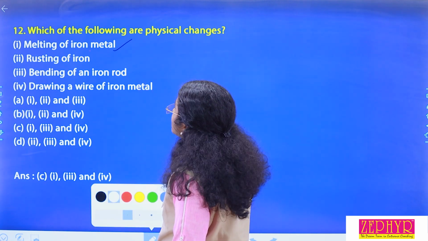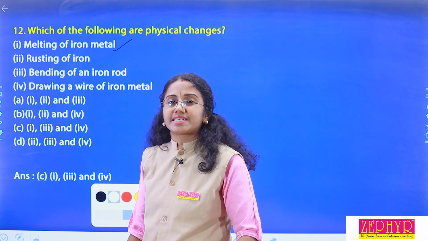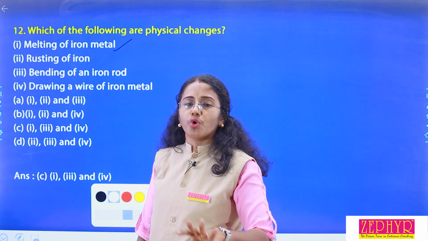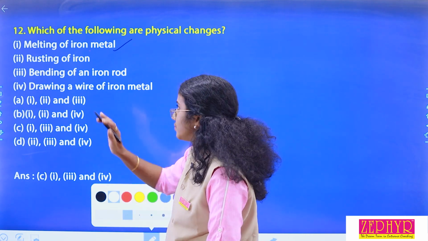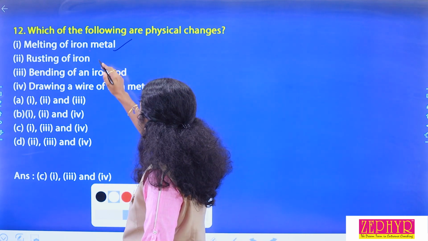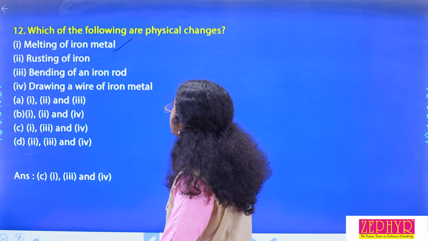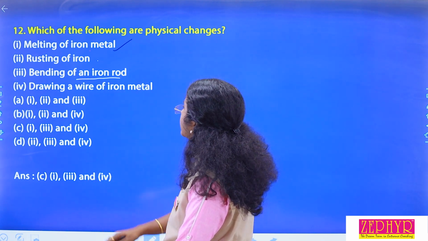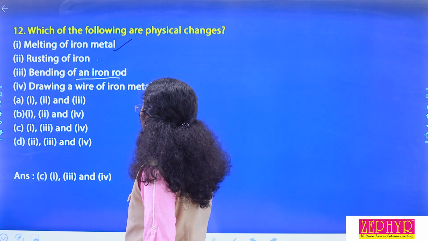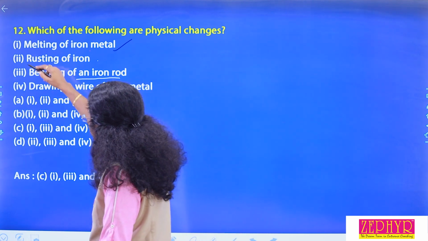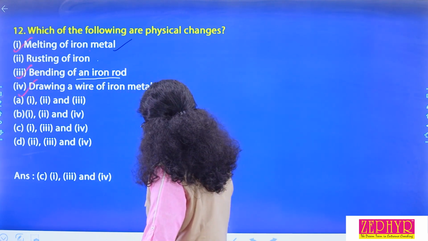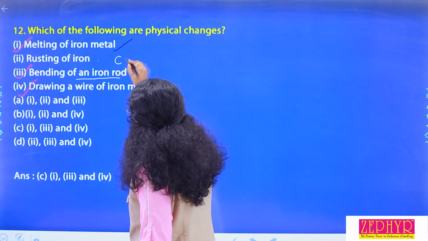Rusting of iron is not a physical change, it is a chemical change, because a new substance is formed, Fe2O3.xH2O. Bending of an iron rod is a physical change. Drawing a wire of iron metal is also a physical change.